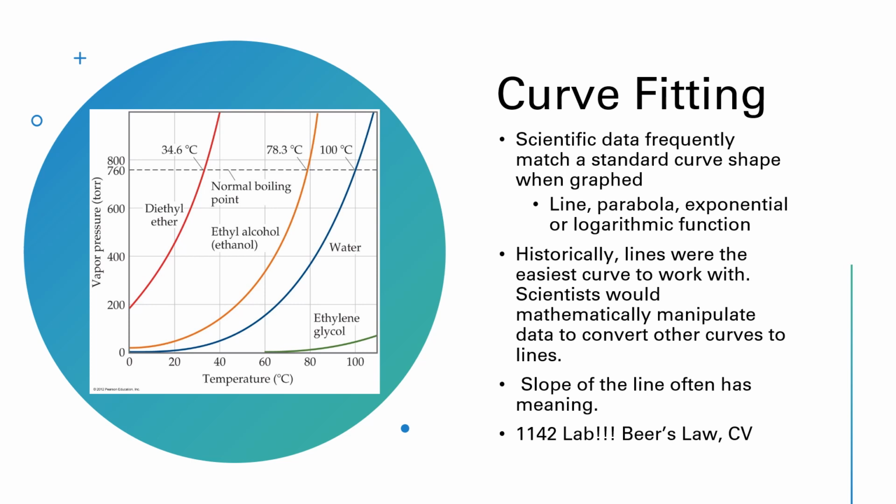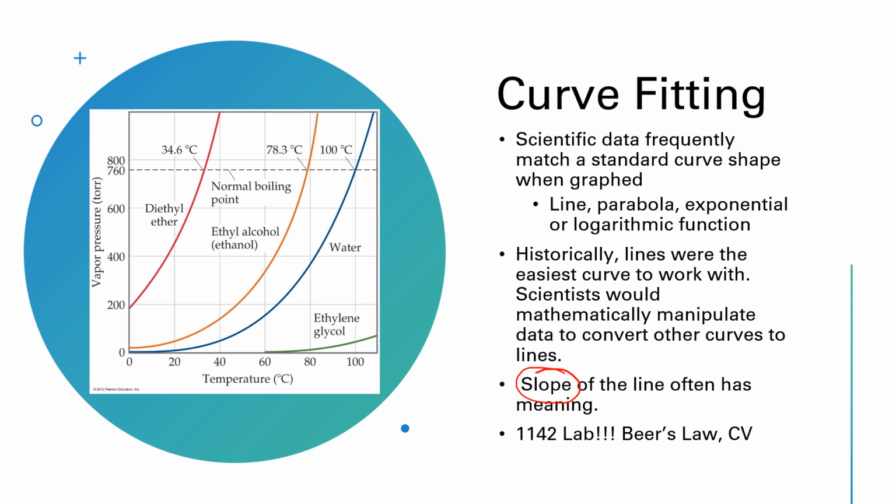And so scientists would work to somehow mathematically convert the data into some sort of a form that when they plotted it resulted in lines. And one of the things that we often found with this sort of analysis is that once you got a line, the slope of the line would have some meaning associated with it.